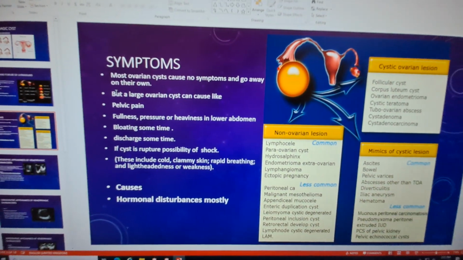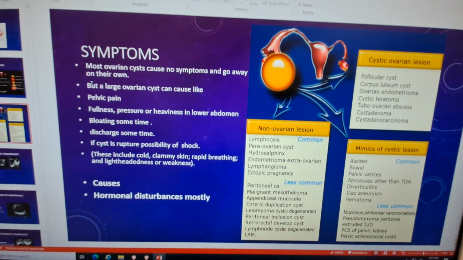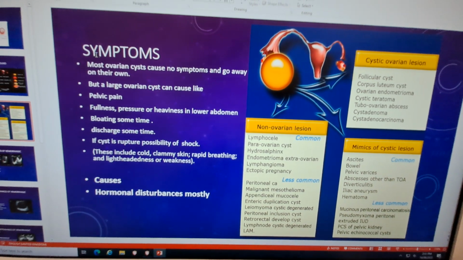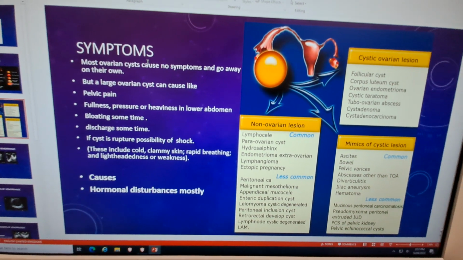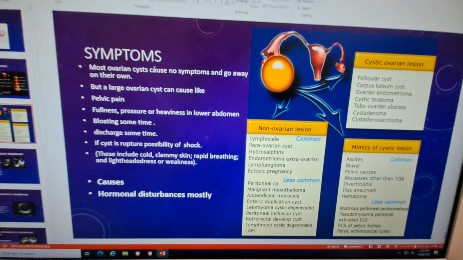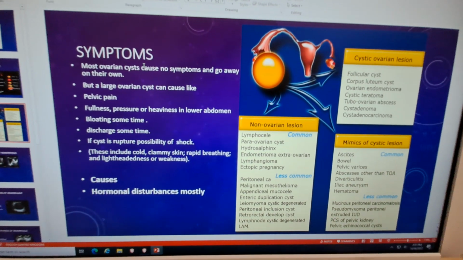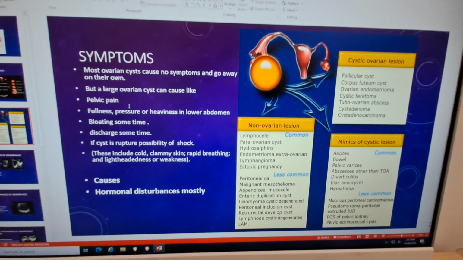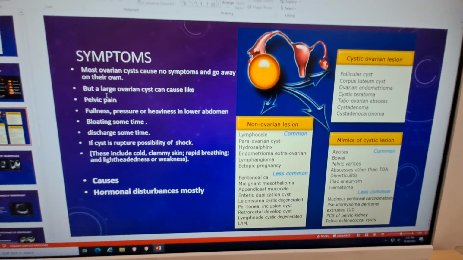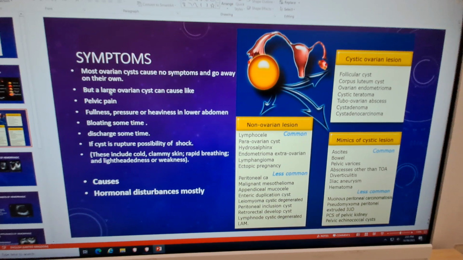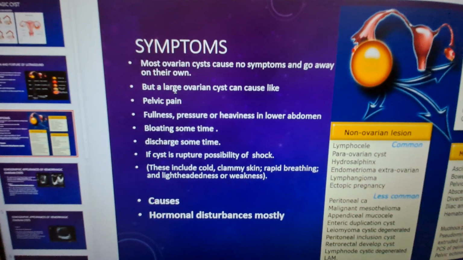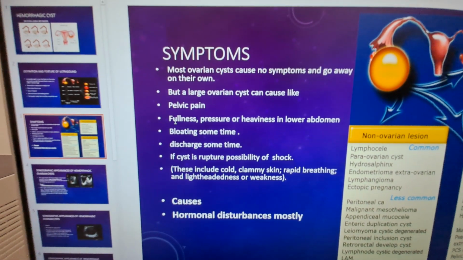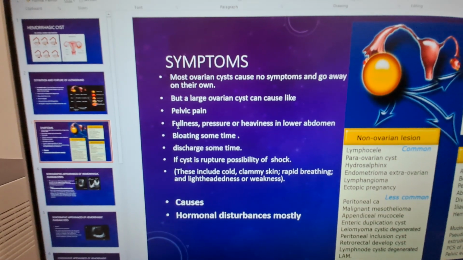If a patient comes to you and you suspect she has a cyst, what symptoms do you find? First, there is pelvic pain, which is caused by a large ovarian cyst, because small hemorrhagic cysts are silent and are only an ultrasound finding.